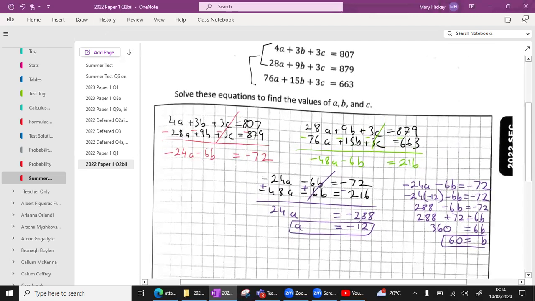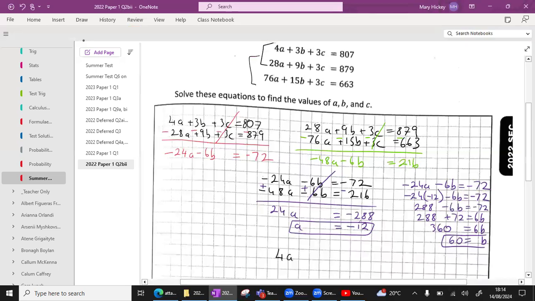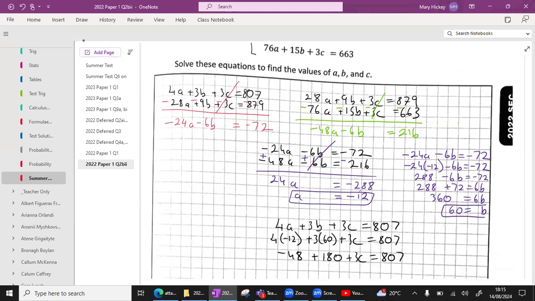And to finish the question, I can pick any one I want. I'm just going to use, I think, the very first line. So I'm going to go right back to the 4a plus 3b plus 3c is equal to 807. In the place of a, I'm putting minus 12, and that's 807. So that 180 plus 3c is equal to 807. So I have minus 48 plus 180, so that's 132 plus 3c is equal to 807.